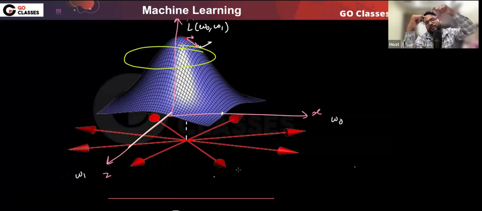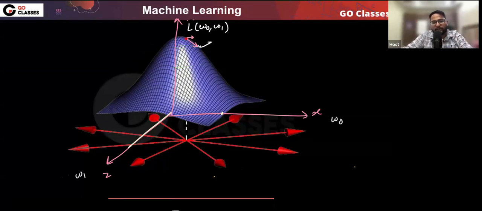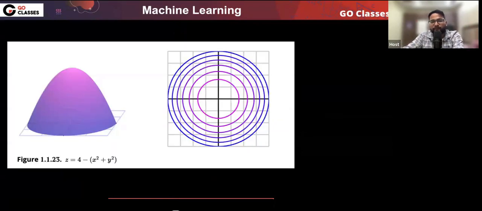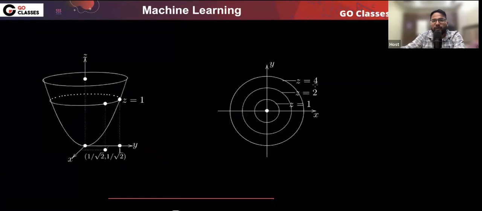it's basically like this. I have images. So for example, I'm cutting it, and then there will be a circle. At that circle, suppose the value of z is 1. Then on the whole circle, z will be 1.